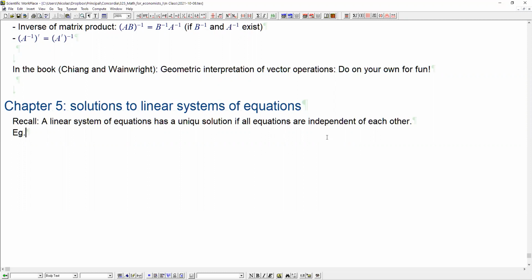So, for example, suppose we have the following system: x1 plus 2x2 equals 1, and 2x1 plus 4x2 equals 2. So is there a solution for this?